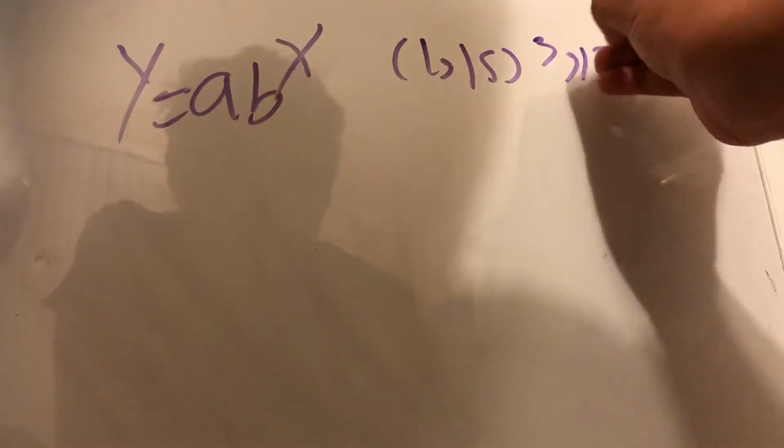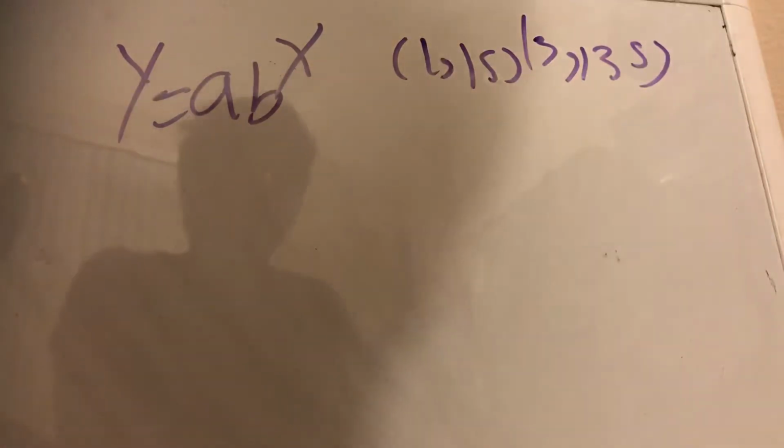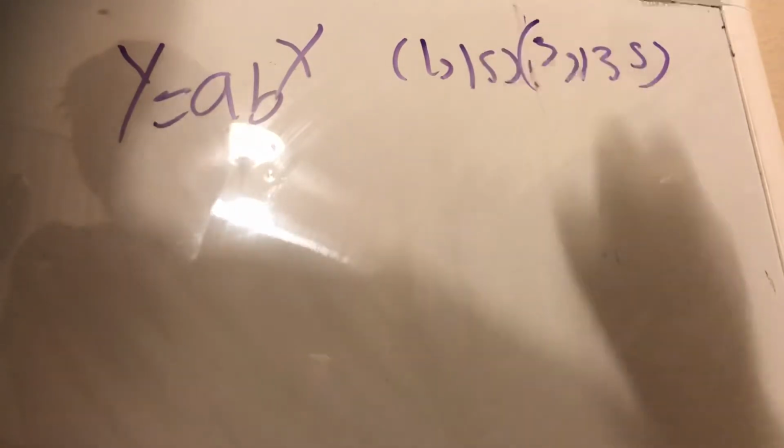The equation is y equals a b to the power of x. The points that we have right now are (1, 15) and (3, 135). I have friends who struggle with this question, and I show them how to do it.